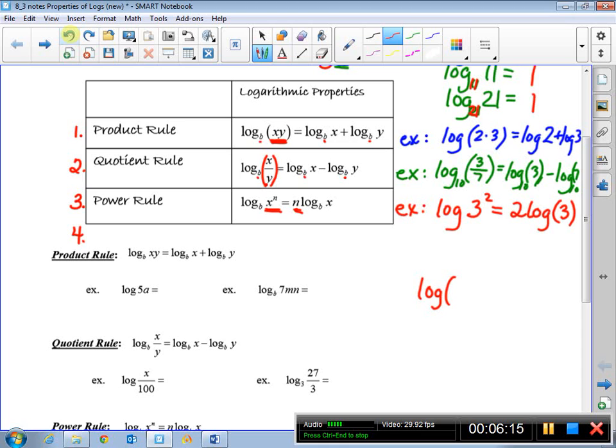Log of 3 squared, hit enter, and then try 2 log 3. All right, and we have matching values.